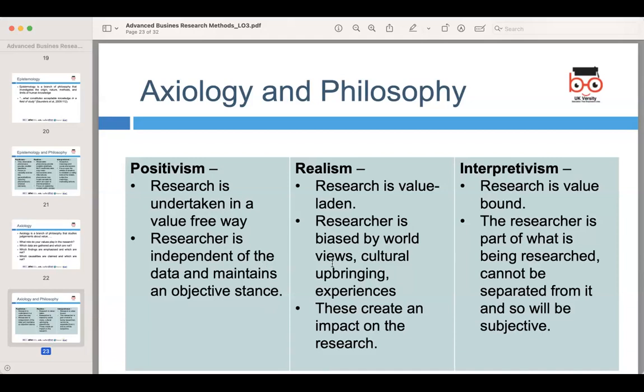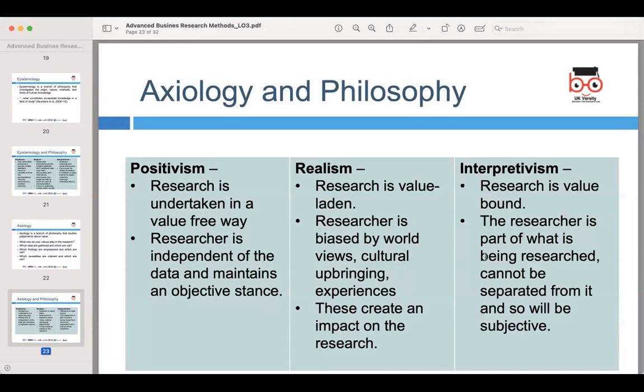Realism takes a different stance. Research in realism is value-laden, meaning that the researcher's personal values, cultural background, and experiences play a significant role in shaping the research process. So the last one is again interpretivism.